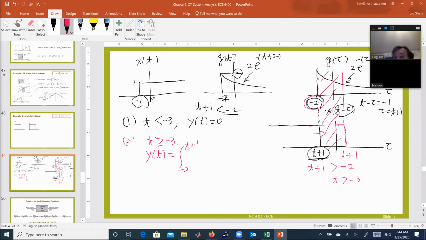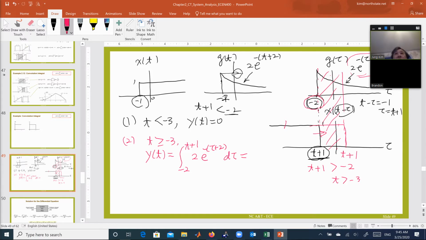We assume x of t has amplitude 1, so 1 times that is 2 times e to the minus tau plus 2, d tau. So this is the result.